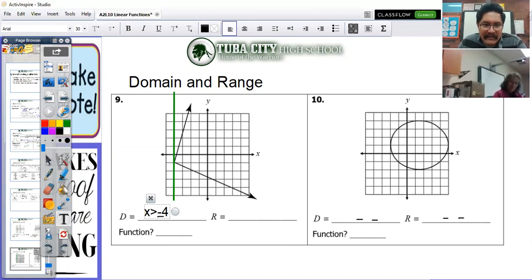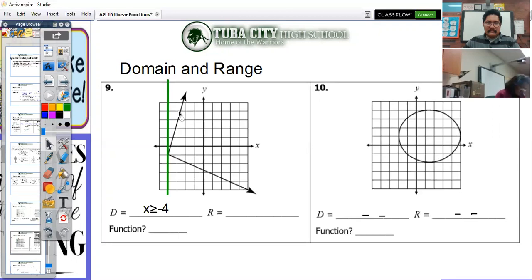So anything greater than -4 is going to work out. Greater than or equal to -4. Because if I keep going this way, I do get x values.